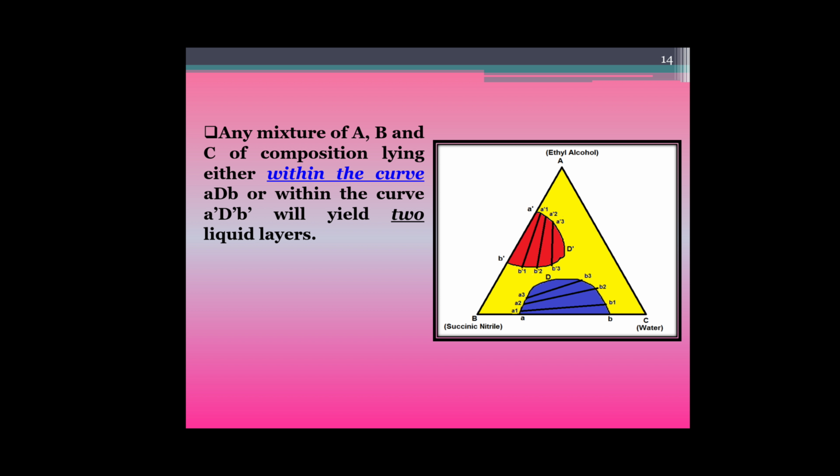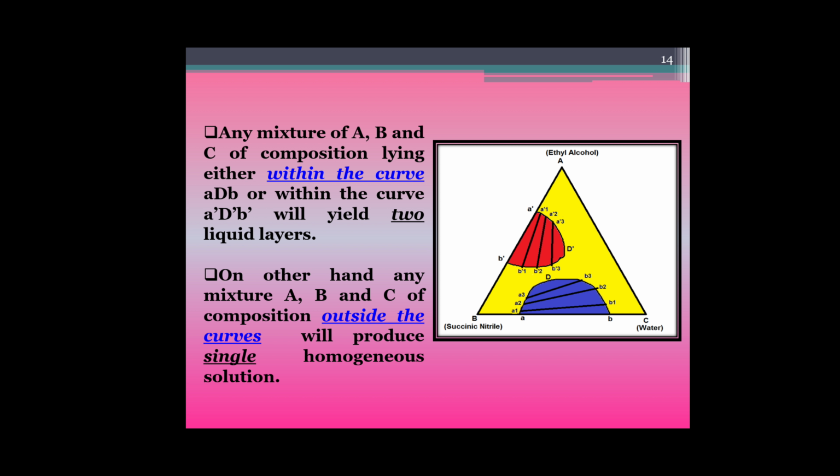Here the areas shown by the blue color portion and the red color portion indicate the presence of two liquid layers. So the area under the curve shows the formation of two liquid layers.